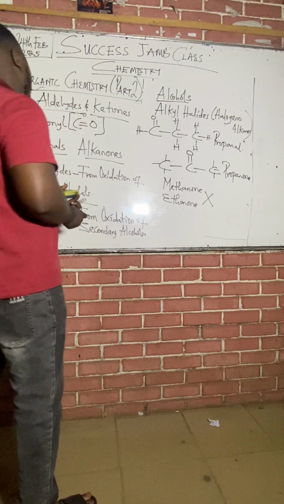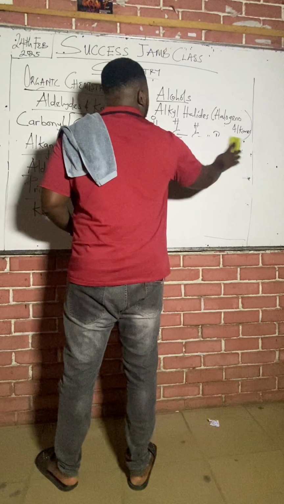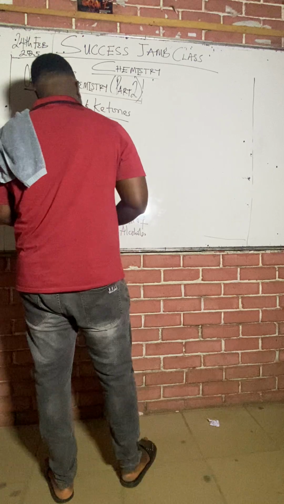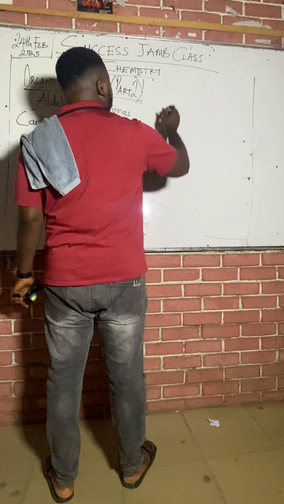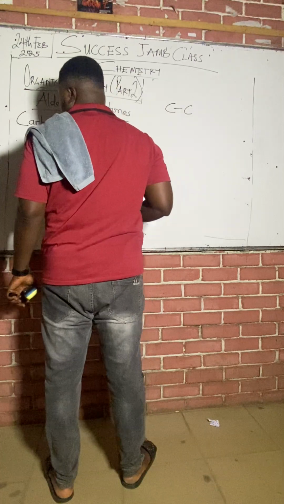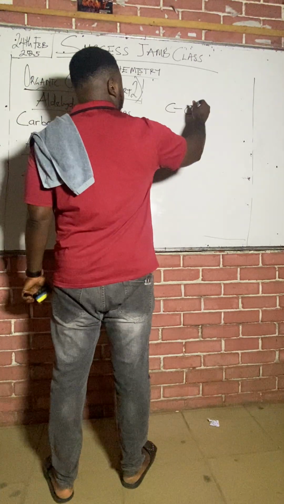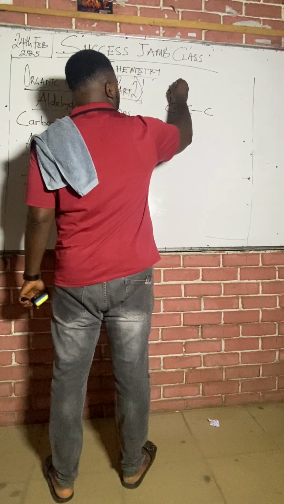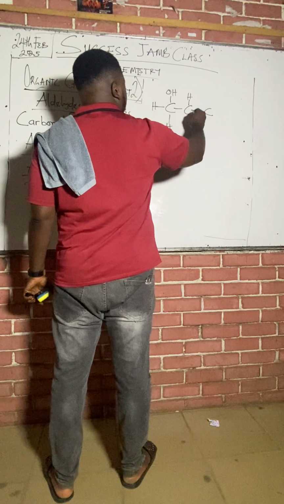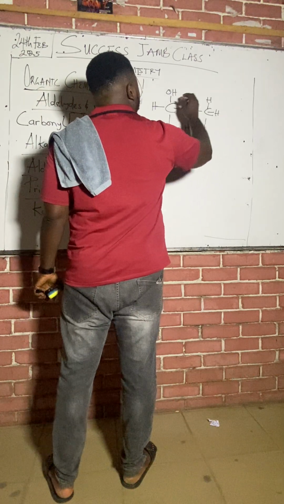Let's show you how aldehydes and ketones are formed from their respective alcohols. If you look at the primary alcohol, this is a primary alcohol.